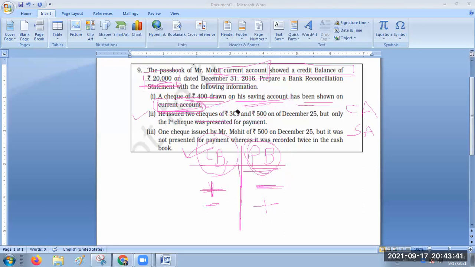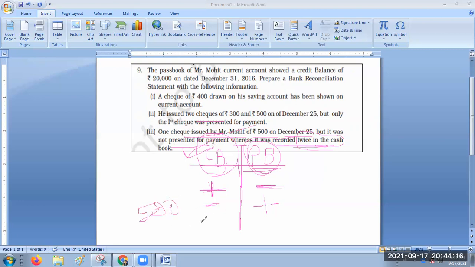Now next one. Now next is one check issued by Mr. Mohit of 500 rupees on December 25th, but it was not presented for payment, whereas it was recorded twice in the cash book. You see, twice in the cash book. It was not presented for payment. He issued a check to a person worth 500 rupees.